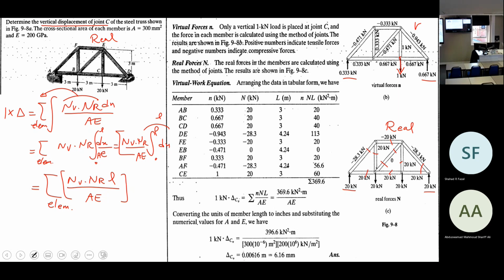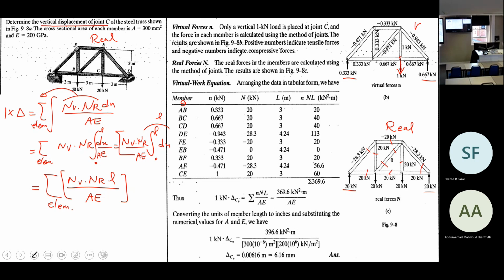That's why I tell you it's better to make a table. You can do it without a table, but it's more beautiful and organized with a table. You have 9 elements together to cover the whole structure, because this summation means you need to cover the whole structure. You need to have all the elements in your formulation.